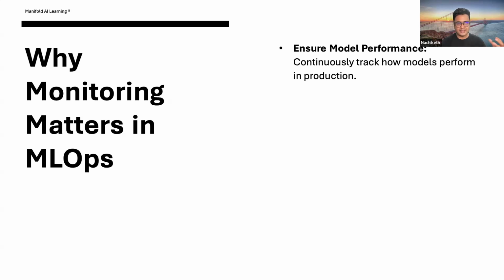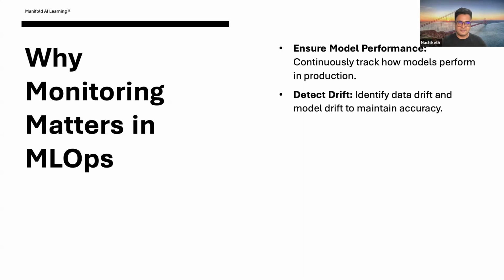Another key thing, which may not be the case for general applications but is very true for machine learning projects, is data drift. With effective monitoring techniques, we can identify data drift as well as model drift so that we can still maintain accuracy.